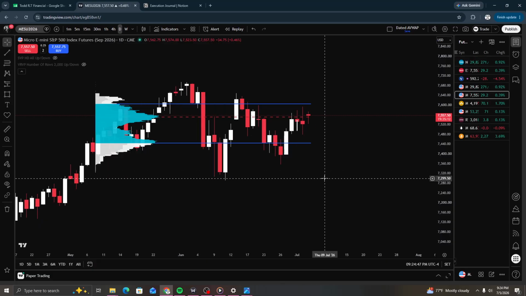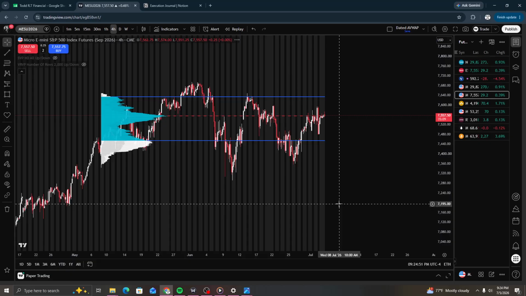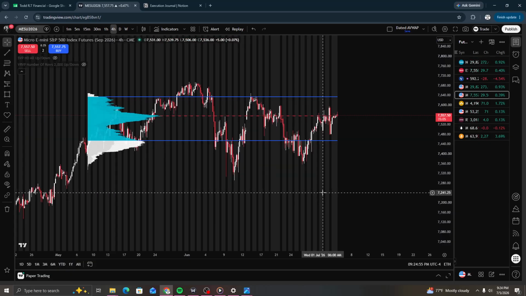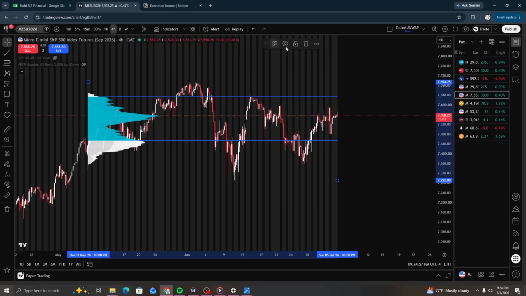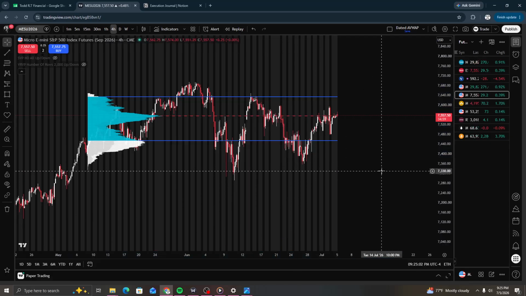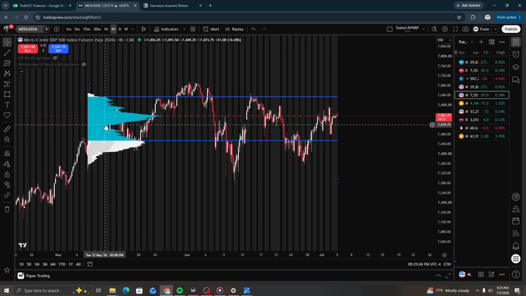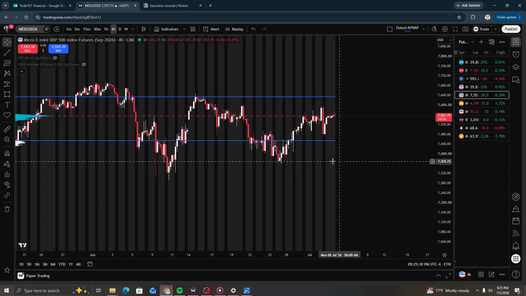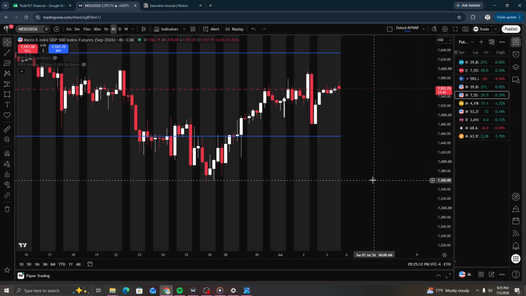ES kind of the same way. Is this extended? See, now with ES, this is a little different.